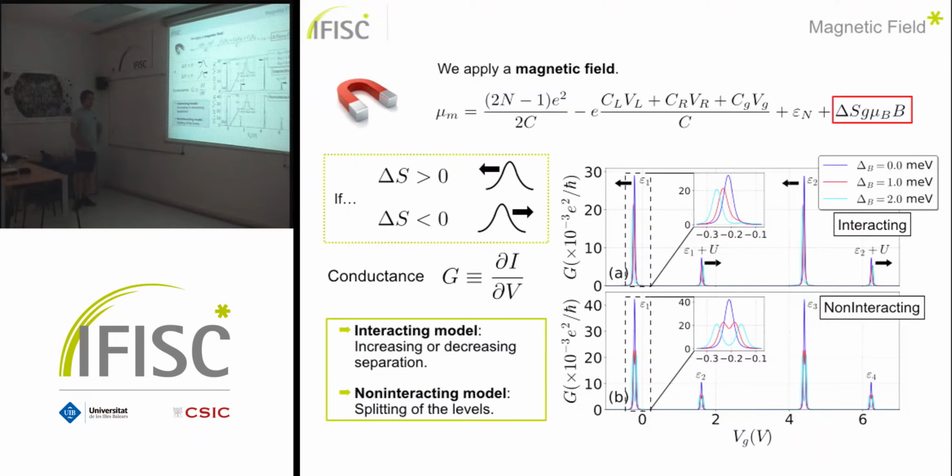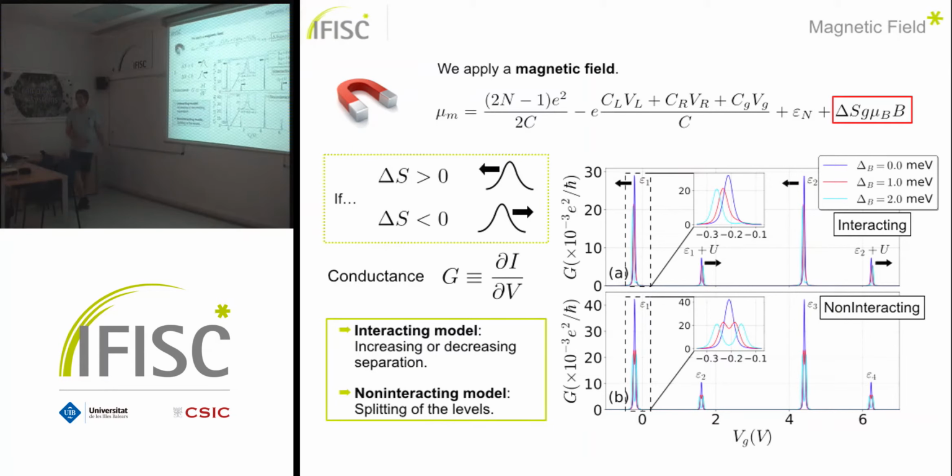But if we have a non-interacting model, what we find is the Zeeman effect: a level will split in two. So with this method, we can distinguish between an interacting and a non-interacting model.